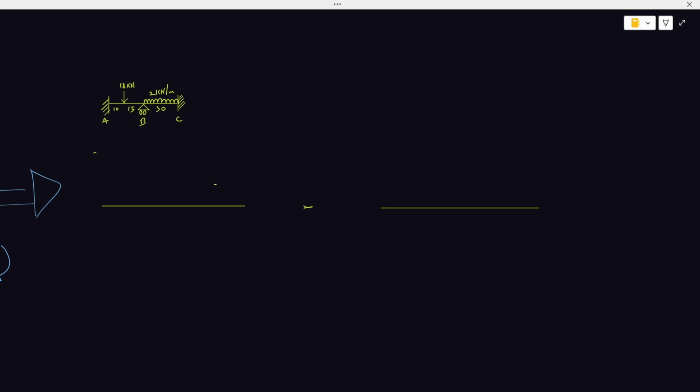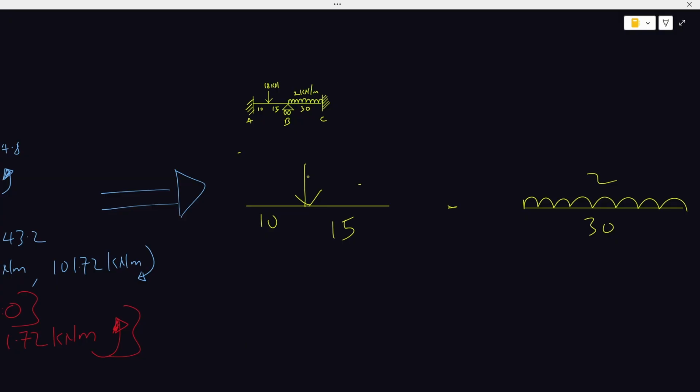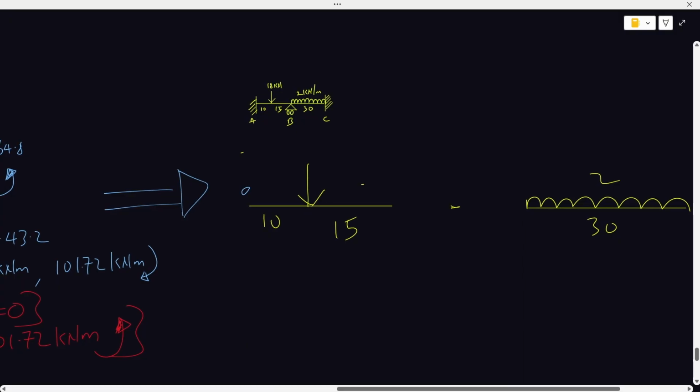Now I'll be having a UDL of 30. Now I'll be having a point load of 10, 15. But once again, remember that this is A, this is B, this is B, and this is C.